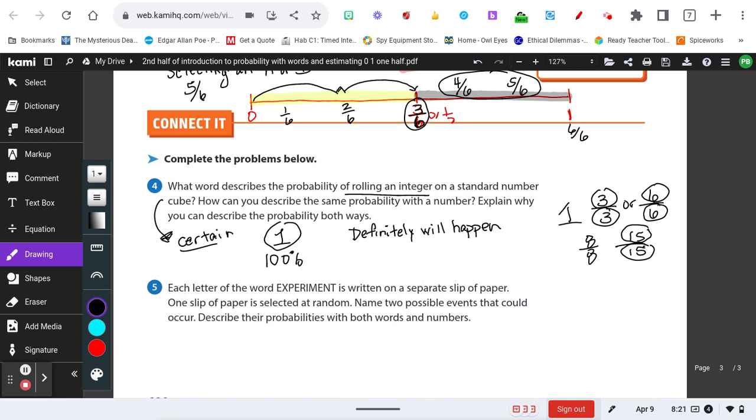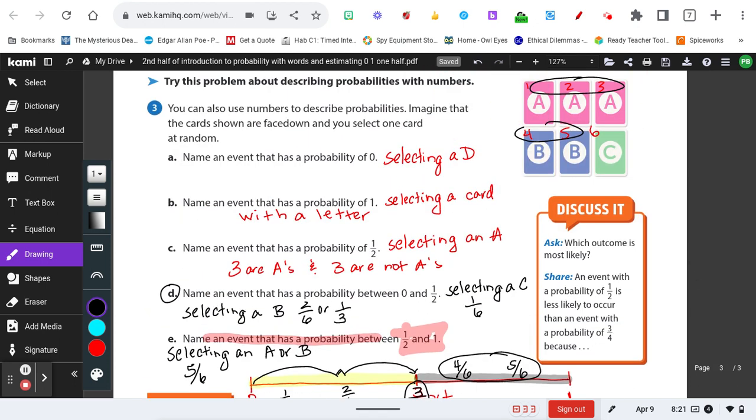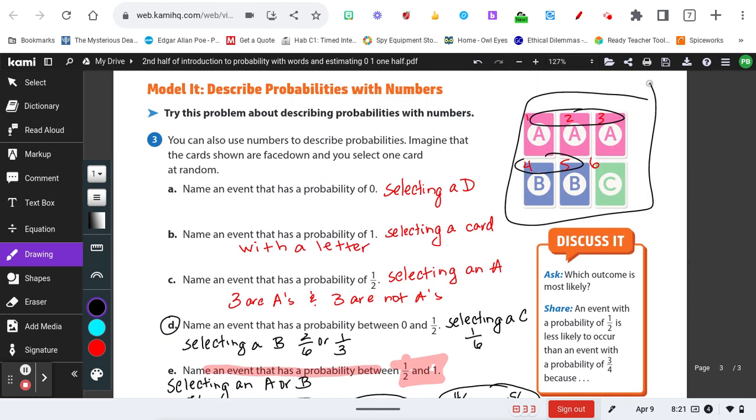So you got the whole thing. Or you can use every possible outcome in your sample space. Like up here, this is my sample space. If it was 6 out of 6, that means I can use all the letters: 3 A's, 2 B's, and a C out of the 6 total, which means I can use the whole thing, one whole thing.